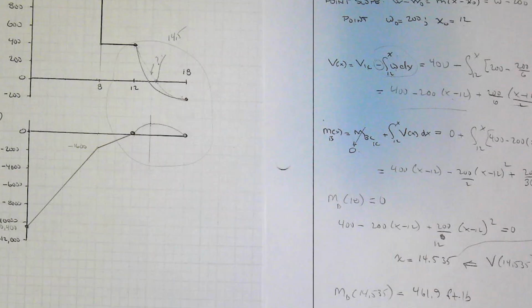We're going to lose 600 newtons because this was 200 times 6 divided by 2. So that's 600 newtons net to lose. We're at 400. We got to drop to 200, so we're going to make it, and we're going to do something like that. And the big question is where does that happen? And the only way to figure that out is calculus. We'll get to that in a bit.